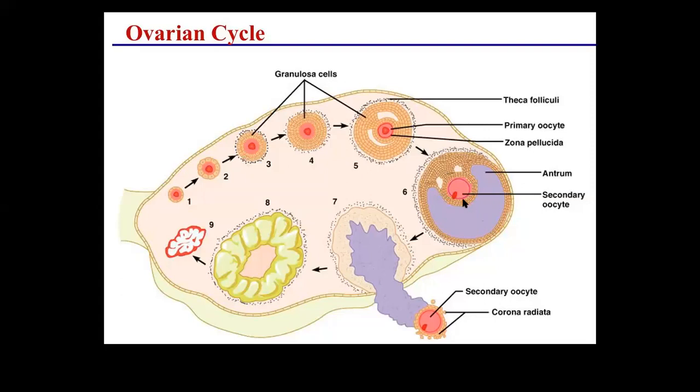And of course the secondary oocyte after first meiotic division. So the stage comes from primordial follicle, primary follicle, secondary follicle, tertiary follicle, Graafian follicle.